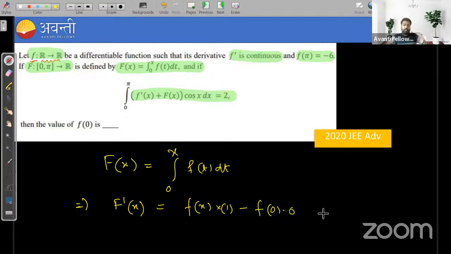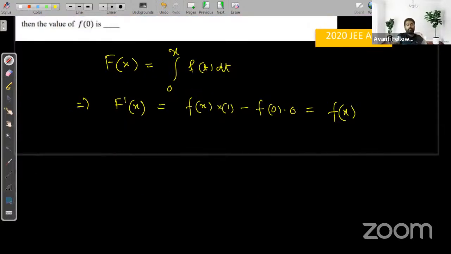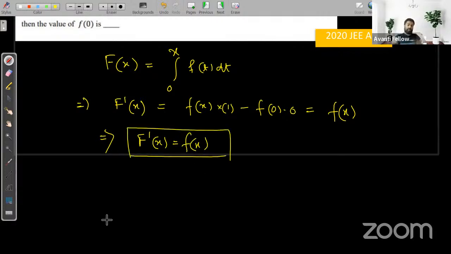So capital F dash of x is small f of x. It's a very good result. So what is capital F of x? It's the integral of small f of x. Remember. Okay, here we got this result.